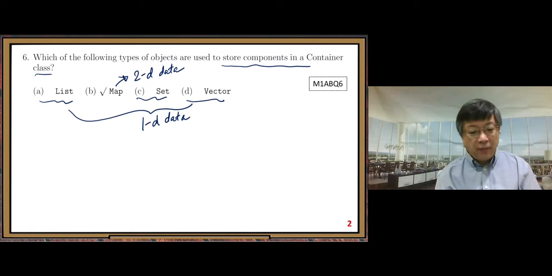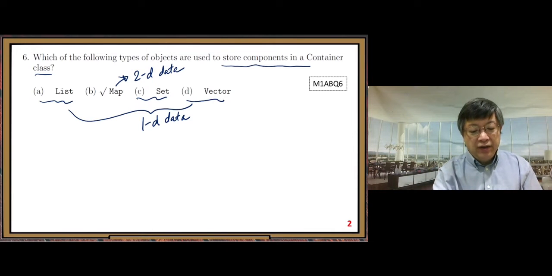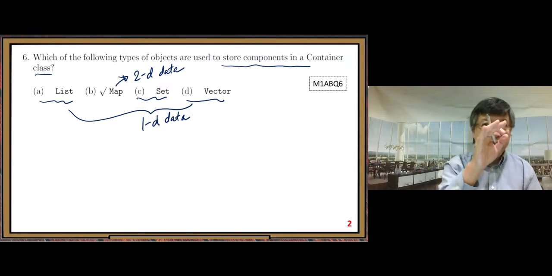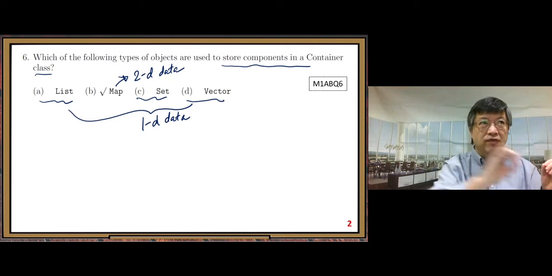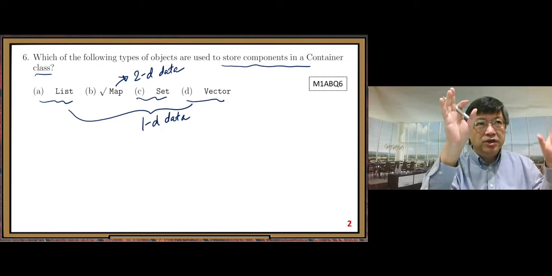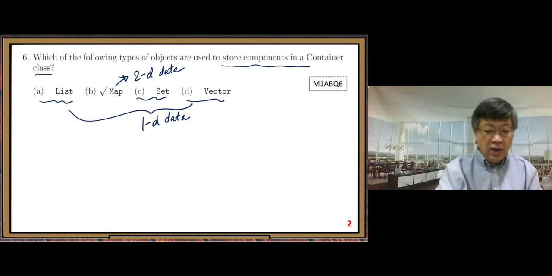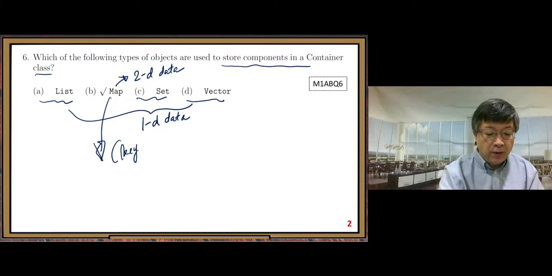Here, list, set, vector are 1D type data, so you use one index variable to control all the elements in your data structure. But this map, basically you store key value pairs.